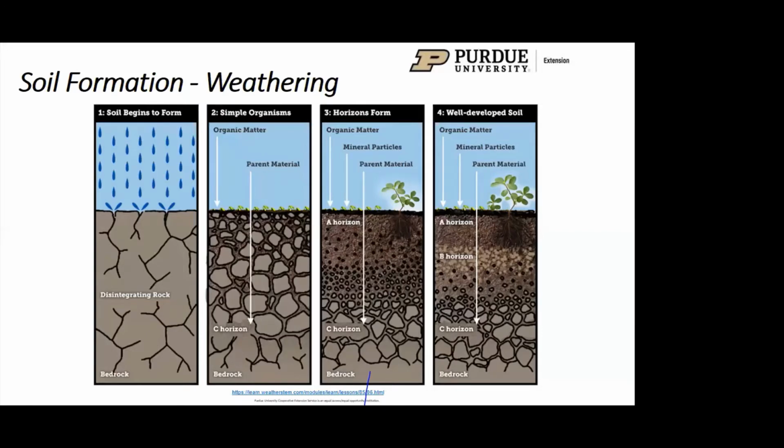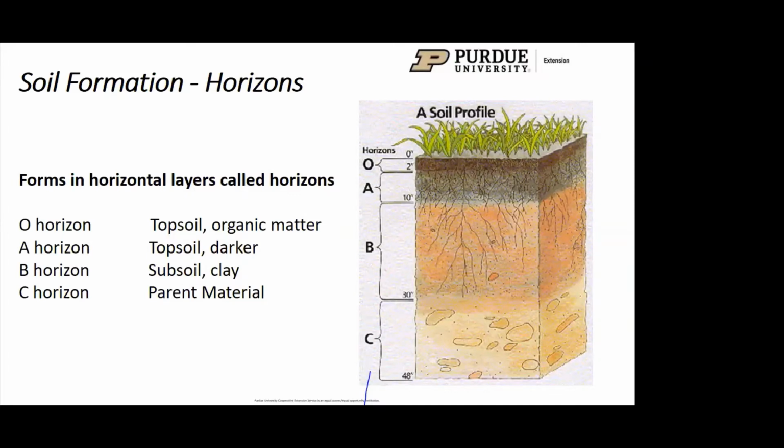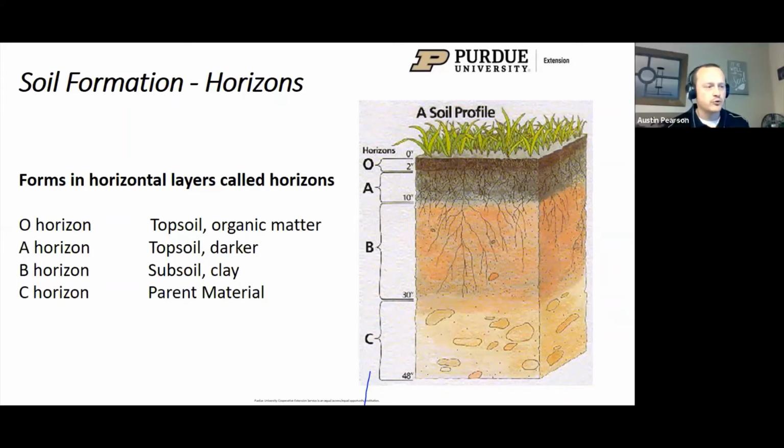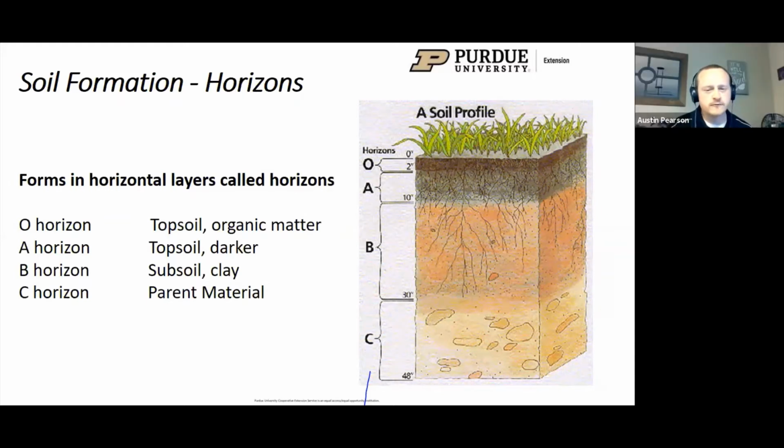So let's go ahead and move on to the next slide here, Amanda. So we see here the horizons, and this is just kind of taking that last image and looking at the actual profile. So you can see some soils, not every soil has an O horizon, which is an organic horizon. That would be part of the topsoil. That's anywhere from your 0 to 2 inches, highly decomposed plant material, and then you start getting down into your A horizon.